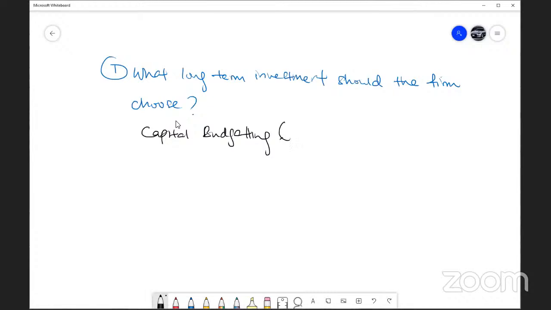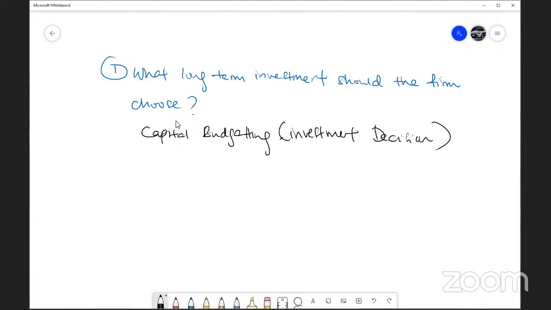or also known as investment decision. So what is capital budgeting and what is investment decision? Basically here is deciding on how you are going to invest into your business.